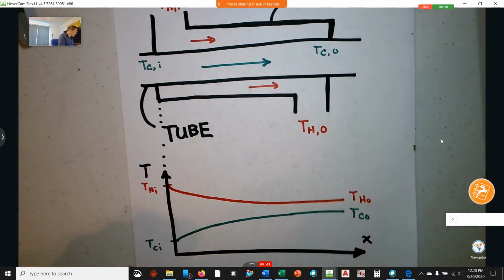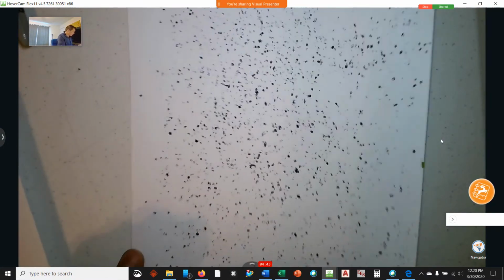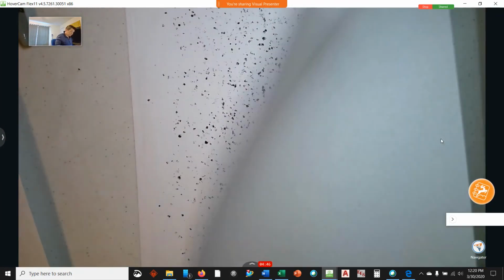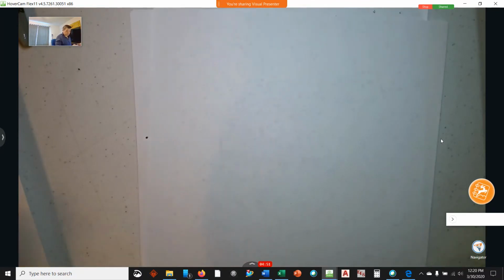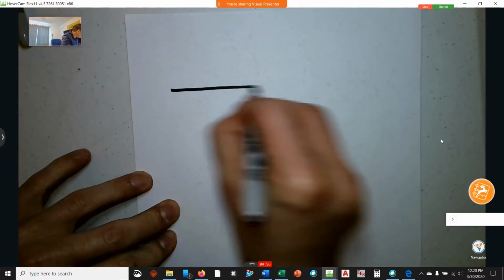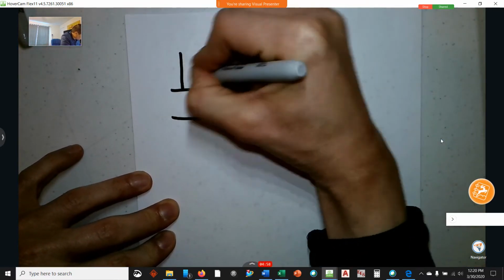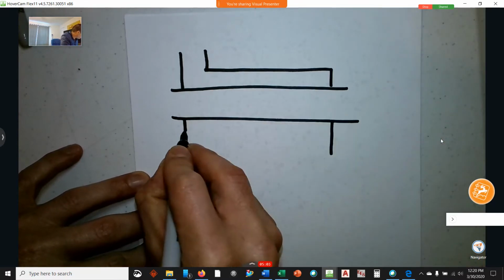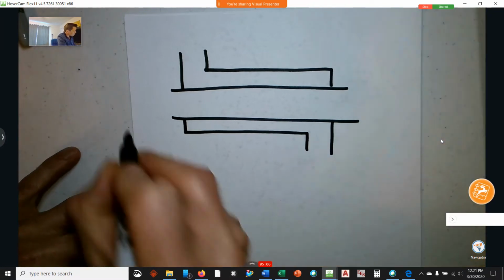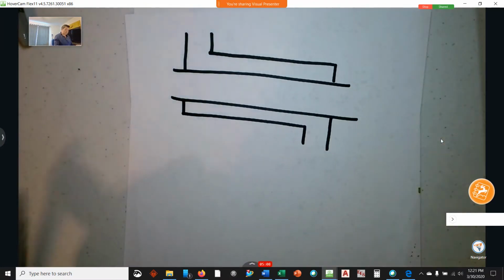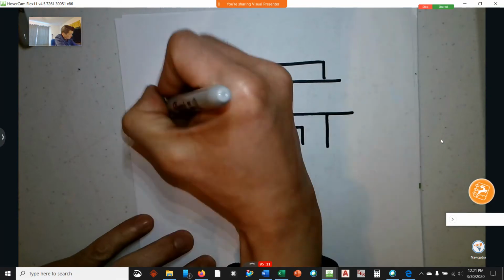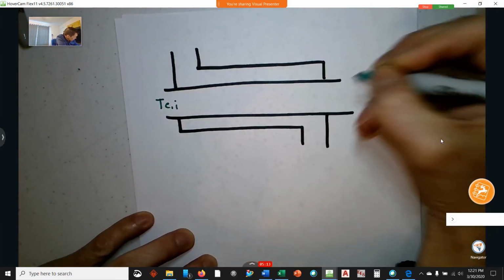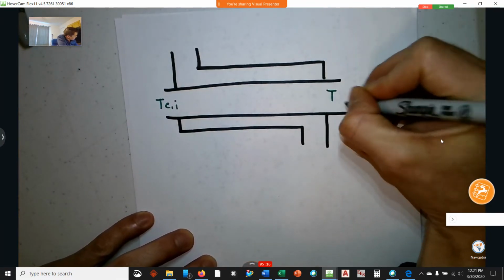If we reverse this, so we still have, keep cold flowing in the same direction.